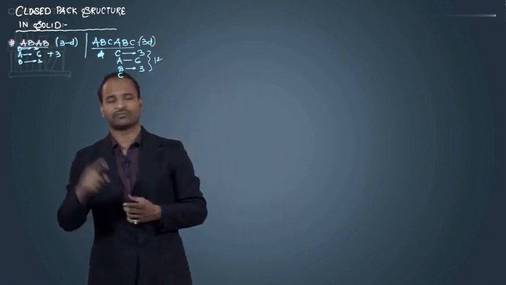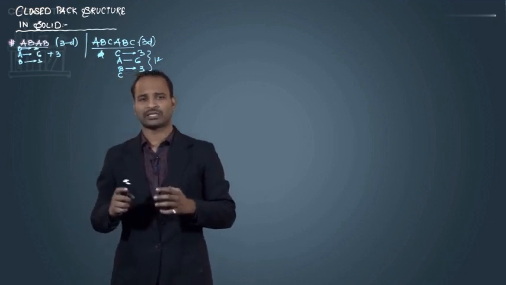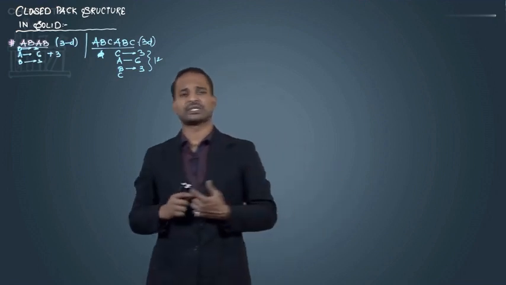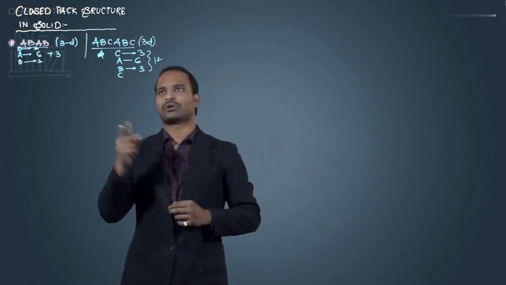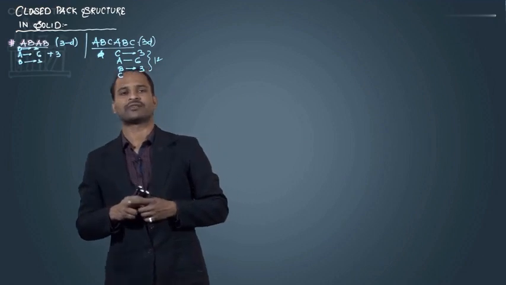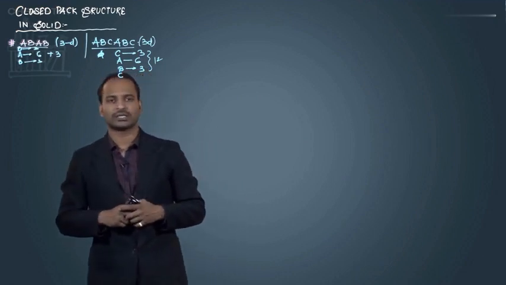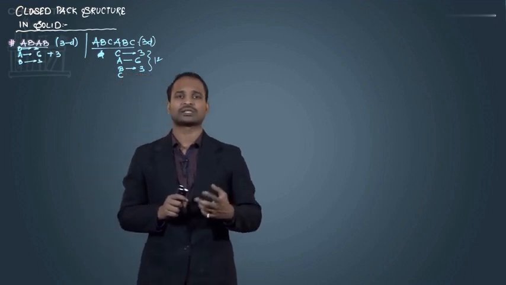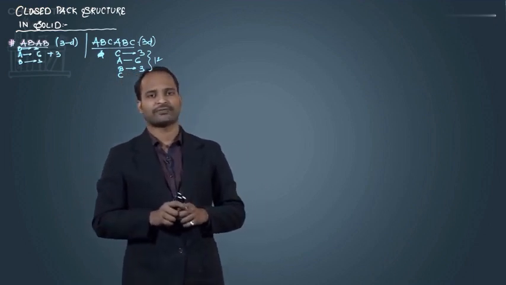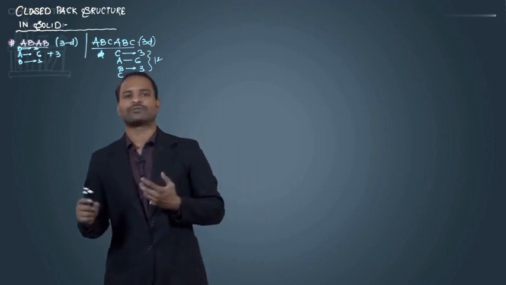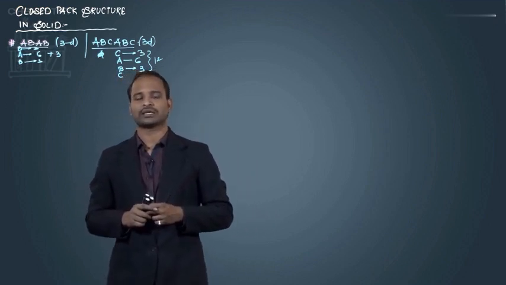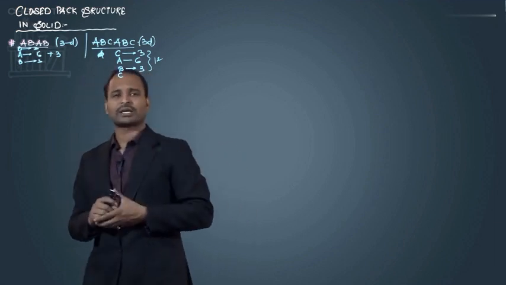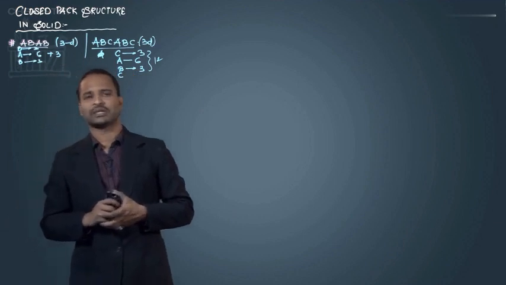When we join the centers of the particles of the ABC type packing, we get the FCC cell, that is a face-centered cubic cell, whose coordination number is 12, where the particles are present on the corners as well as at the center of each face. So here we got two different types of packing, that is AB type packing and ABC type packing.